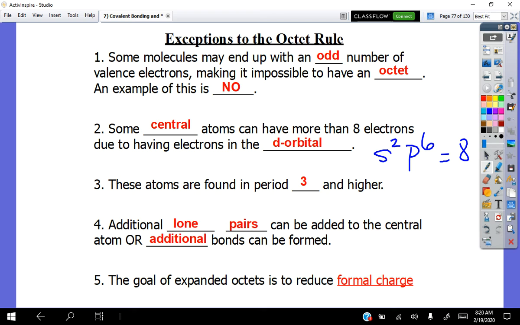So anything elements 1 through 10 would not qualify for an expanded octet. So don't ever make additional bonds with nitrogen or oxygen or carbon. They max out at 8 valence electrons. If you're talking about things like sulfur and phosphorus, bromine, chlorine, iodine, those things are usually a good bet that they can have an expanded octet when they're central atoms.